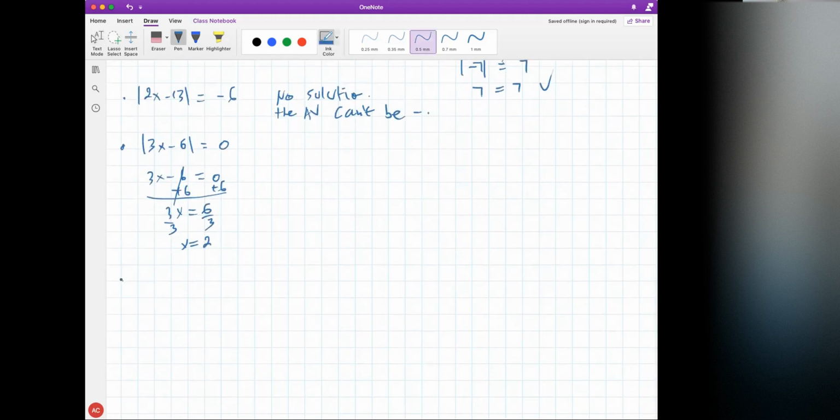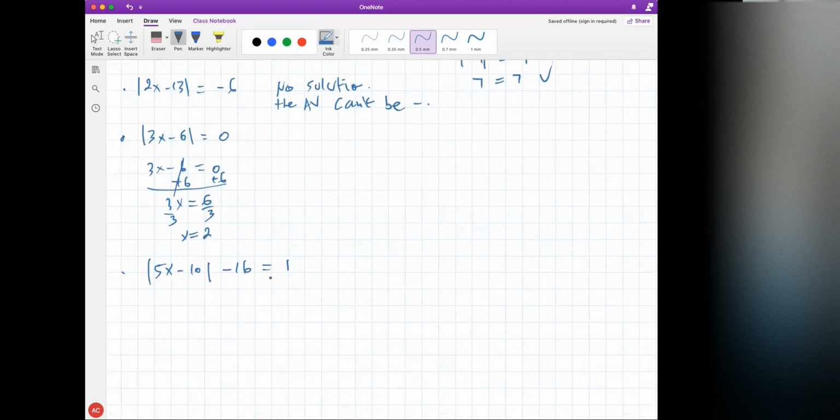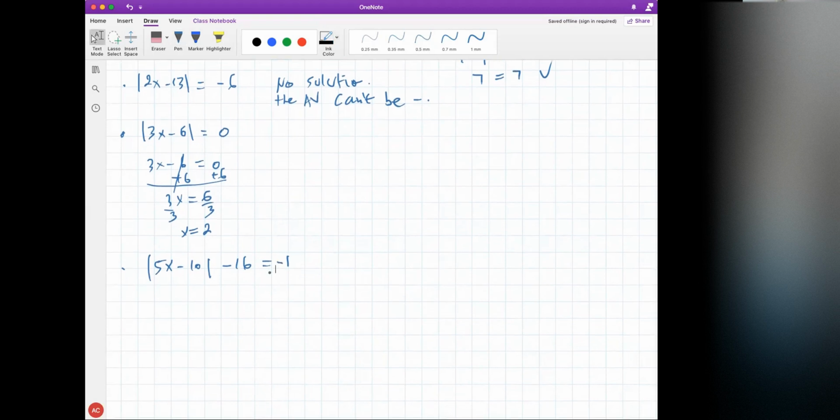For example, let's say negative 16 plus the absolute value of 5x minus 10 equals negative 1. This equation is a little longer, and again we're going to try to find x.